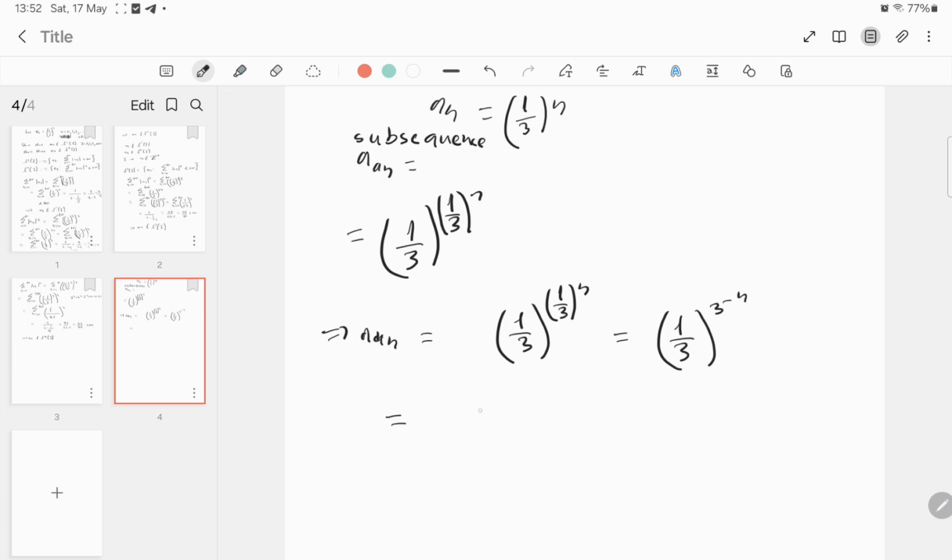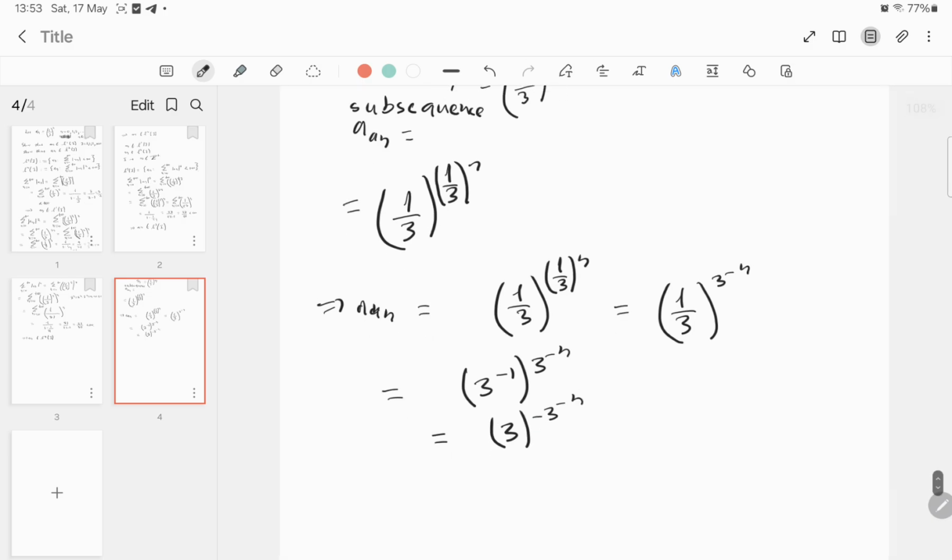And here I can write 3 to the power of minus 1, and here 3 to the power of minus n. That's 3 to the power of minus 3 to the power of minus n.